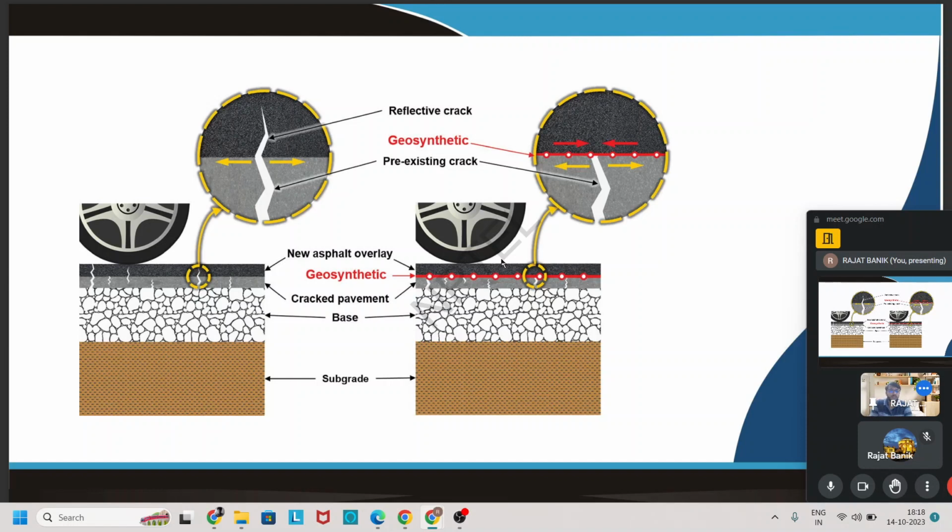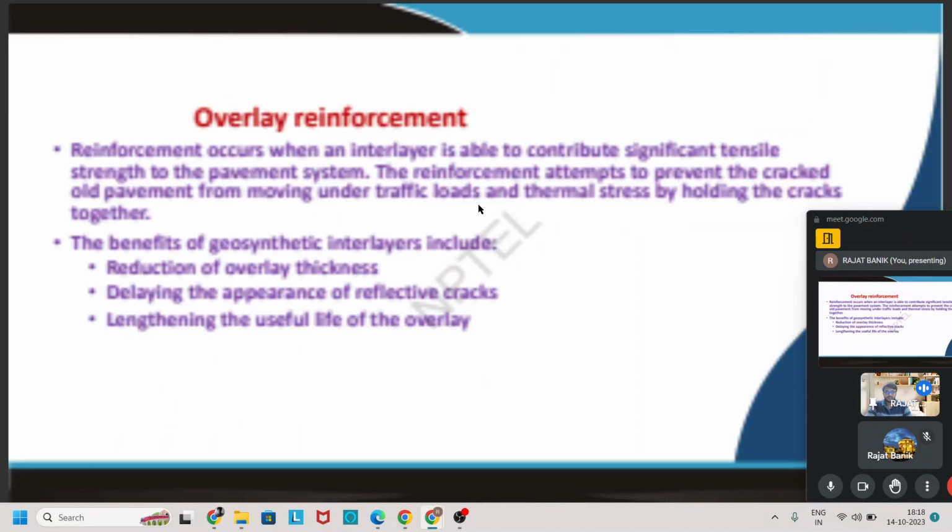To stop or minimize this, we can use the geosynthetic material below the pavement surface. This way we can stop the propagation of cracks, and increase the strength and durability of the pavement surface.